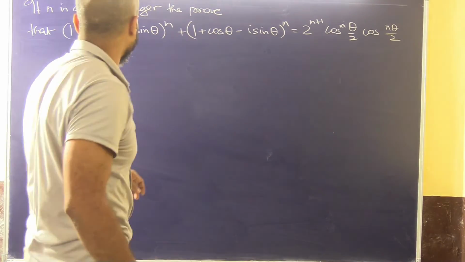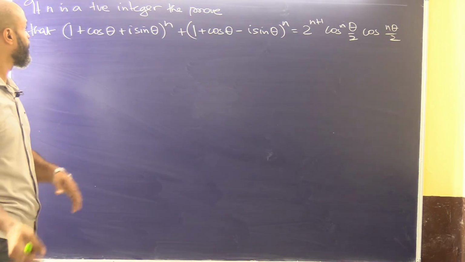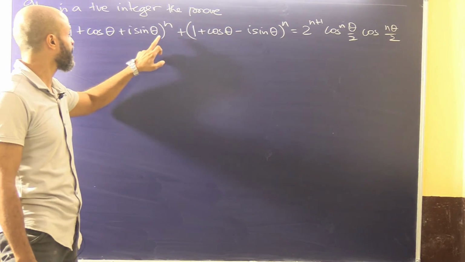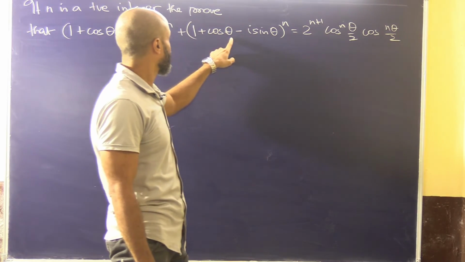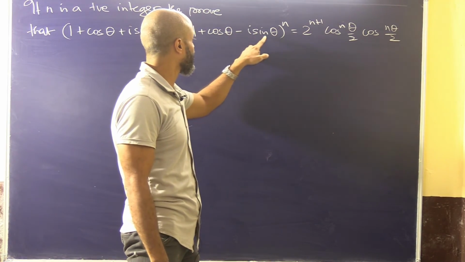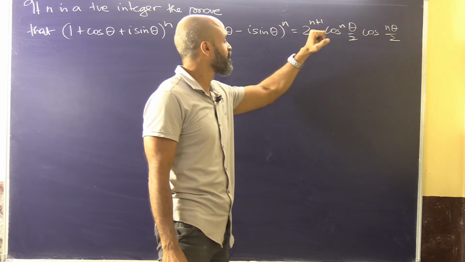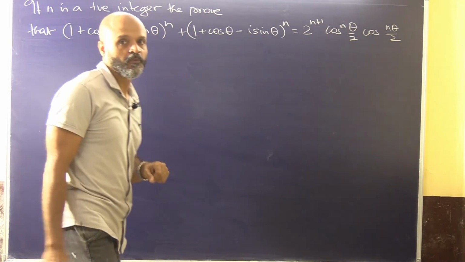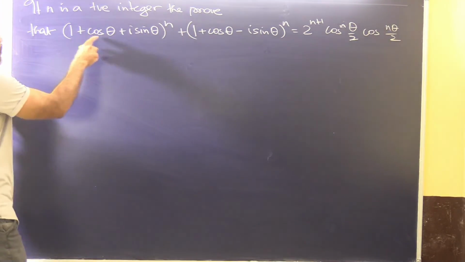Okay, so let's look at this problem here. If n is a positive integer, then prove that (1 + cos θ + i sin θ)^n + (1 + cos θ − i sin θ)^n is equal to 2^(n+1) cos^n(θ/2) cos(nθ/2).